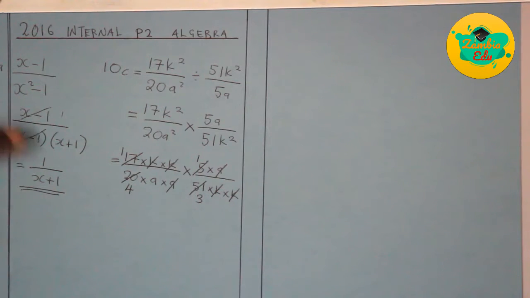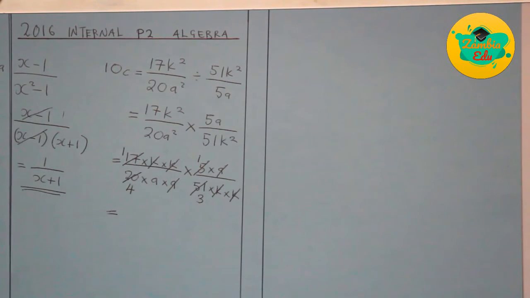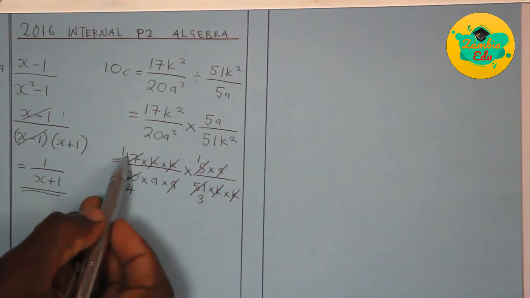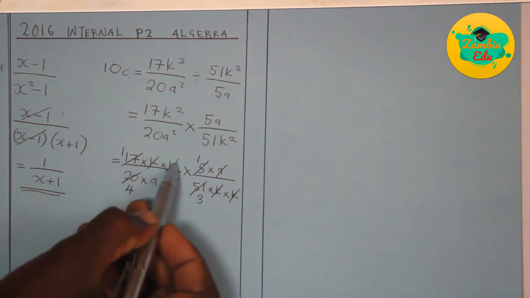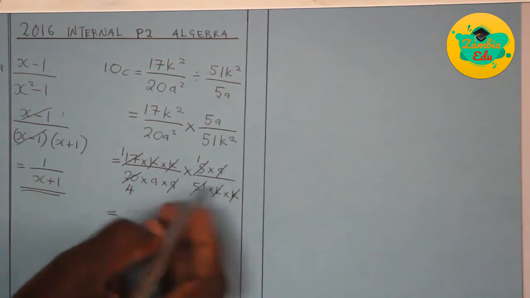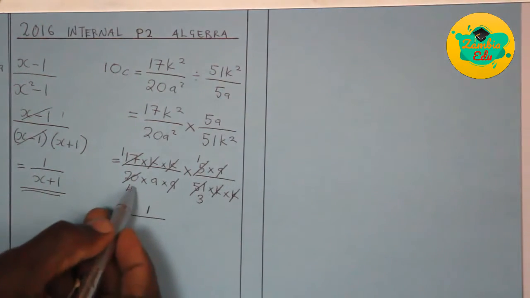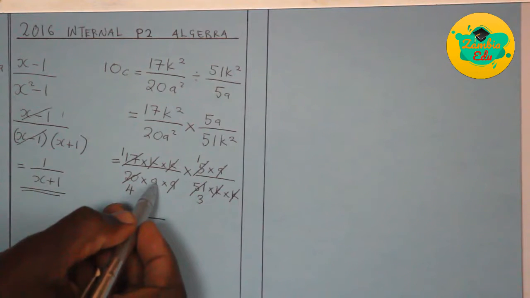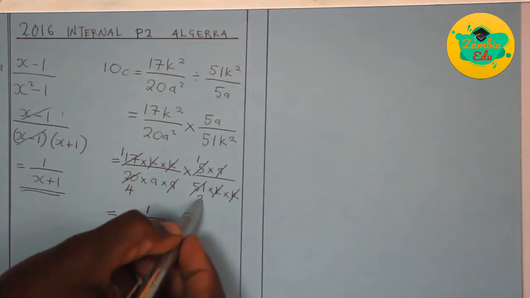Having done that, now we can multiply directly. So if we look at what we are left with now, we see there is 1, 1, 1, so 1 there only, times the 1 that is there, so we only have 1 on top, over 4a, there is 4a there, times 3.